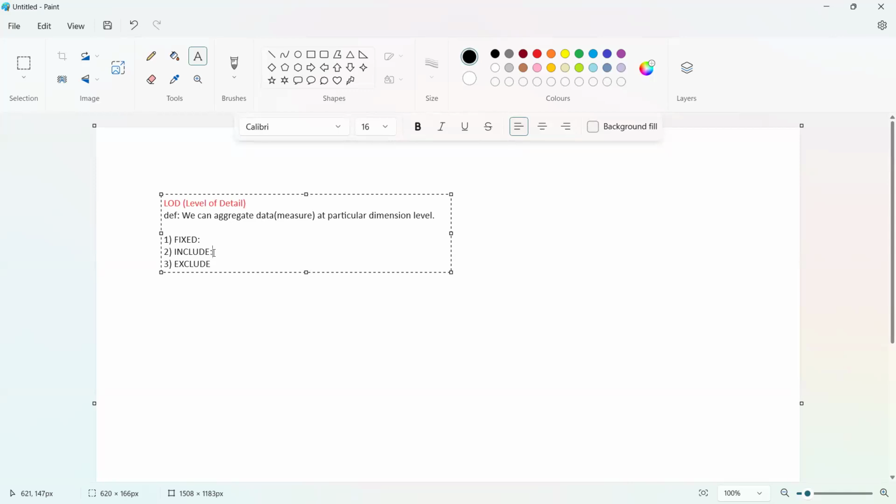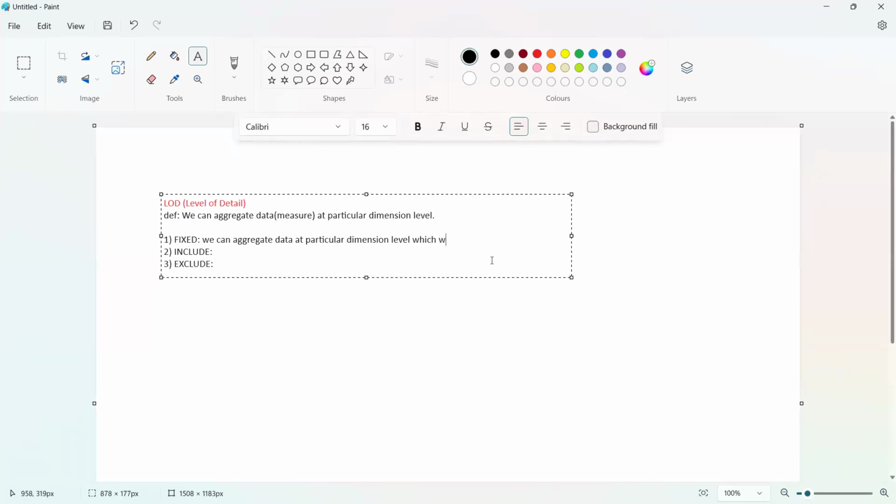When I say fixed LOD, we can aggregate data at particular dimension levels which we use in the LOD calculation. Only at those dimensions which we include in the LOD calculation can we aggregate the data.